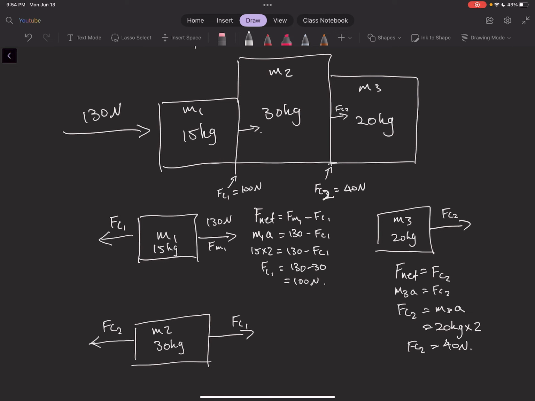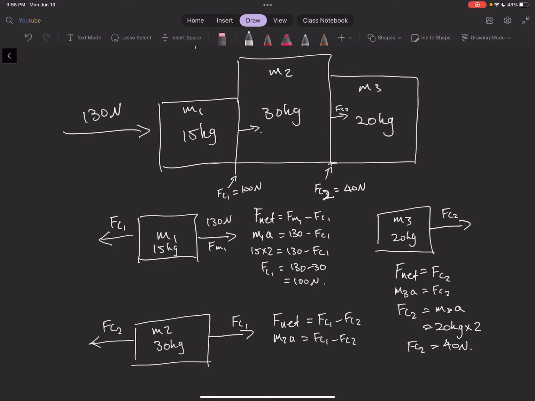Now we want to double check this. We should be able to get 40 newtons for Fc2 or 100 newtons for Fc1 if we were to use the second block in the middle. So let us do that. The net force experienced by this block is Fc1 minus Fc2. Right? Now we also know what F net is. F net again, M2a equals Fc1 minus Fc2.